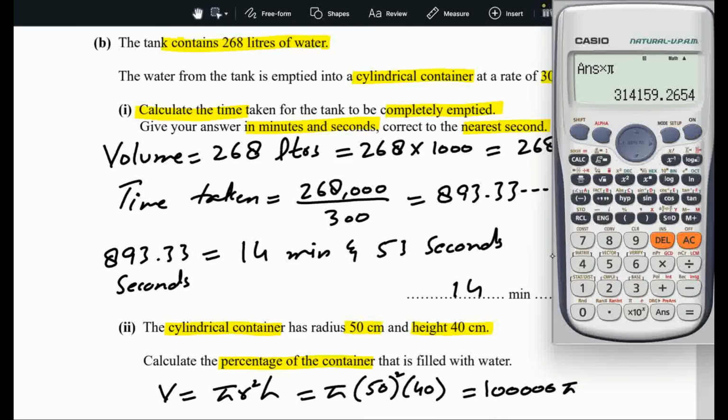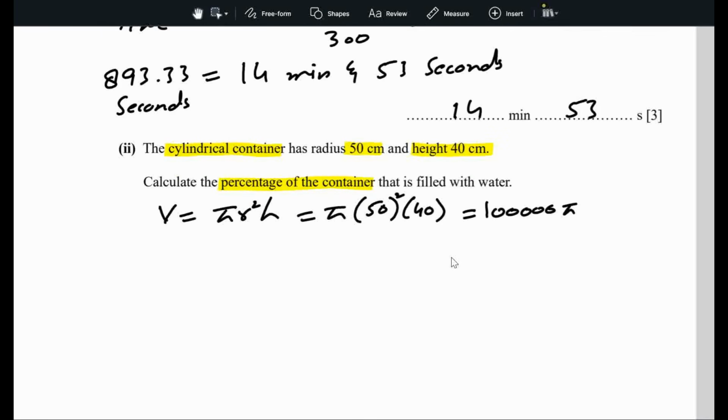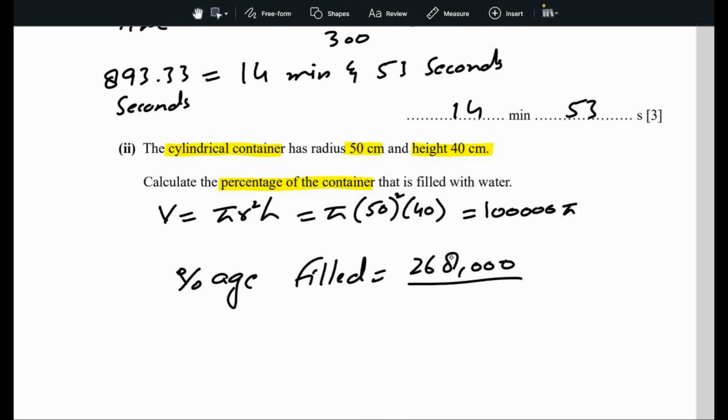So what we can do next is percentage of filled. So percentage of filled will be equals to, we know that the previous volume was 268 divided by 1000 over this pi.